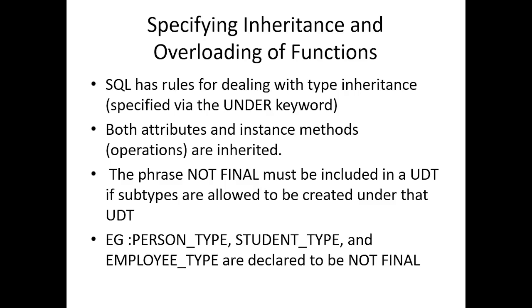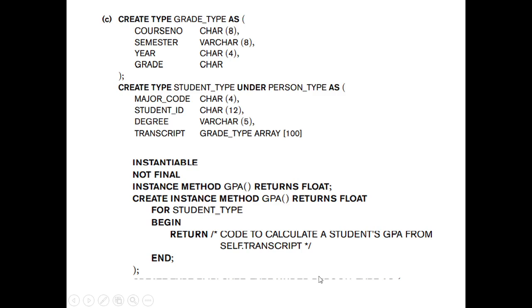The phrase not final must be included in a UDT if subtypes are allowed to be created under that UDT. Examples are person_type, student_type, and employee_type, which are declared to be not final.